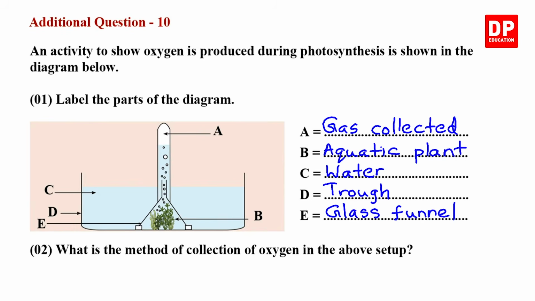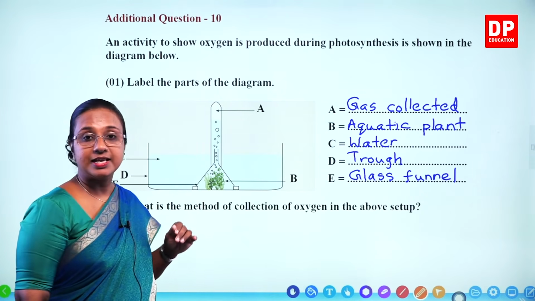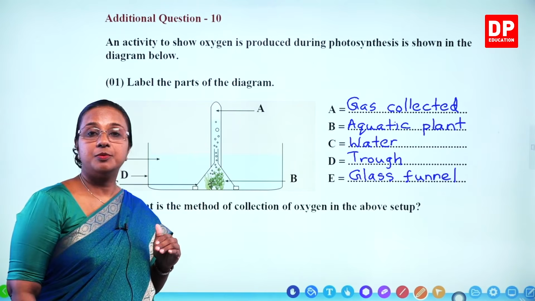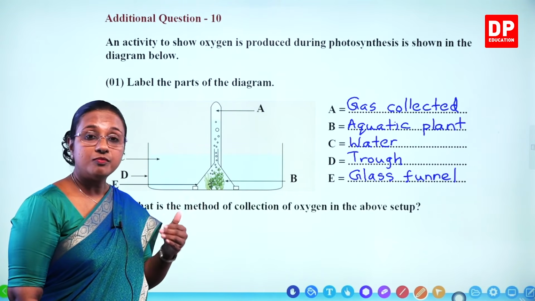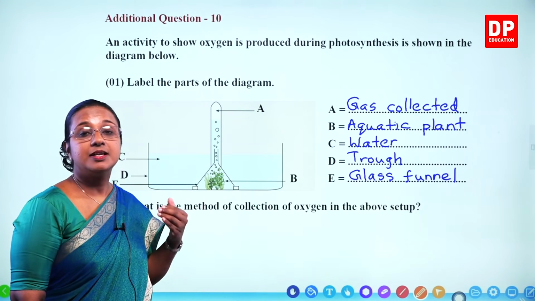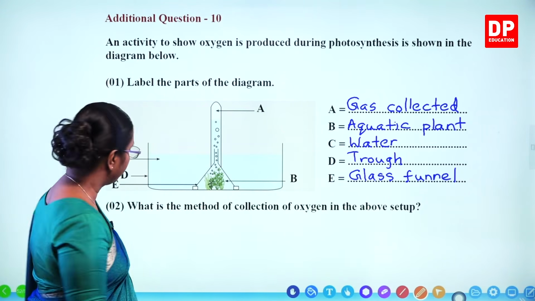What is the method of collection of oxygen in the above setup? You all know oxygen is lighter than water, so it goes up and the water is pushed down, or water is displaced downwards. That is the downward displacement of water.